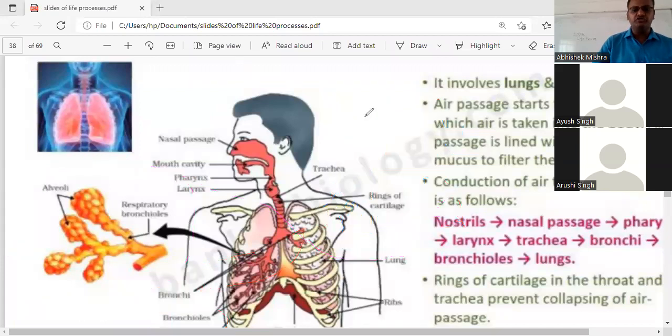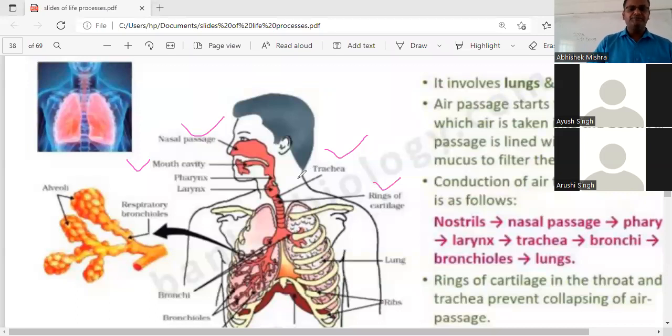So once again, I'm telling you all regarding the parts. The human respiratory system starts with the nasal passage. The mouth cavity and the nasal passage are common, opening into the windpipe, the trachea. The windpipe remains surrounded by a ring of cartilages which protect the trachea from collapsing when the air is not present.